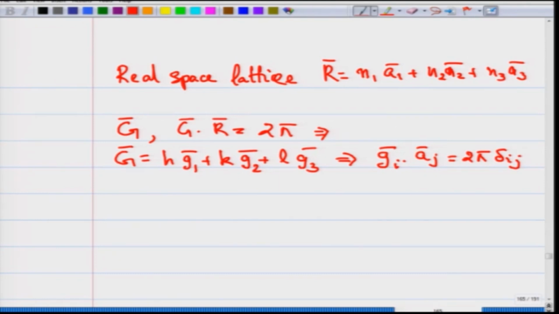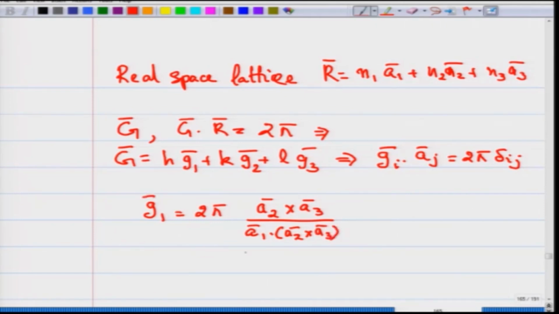Now, is there a simple way to write this down? There is of course a simple way. G1 can be written as 2 pi A2 cross A3 divided by A1 dot A2 cross A3.